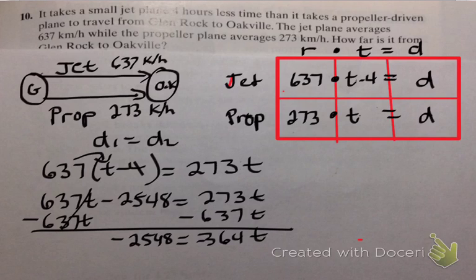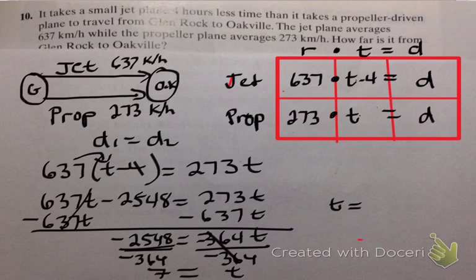Okay, and it's a negative. Divide by negative 364. And we have t equals what? 7. Now, t equals 7, and we're talking about hours.